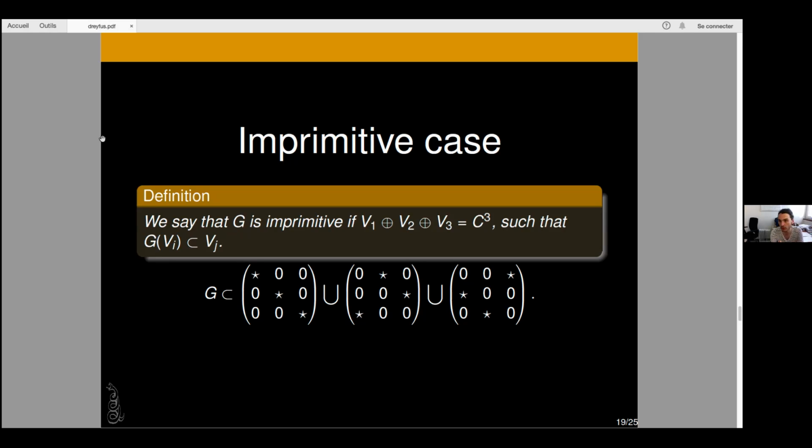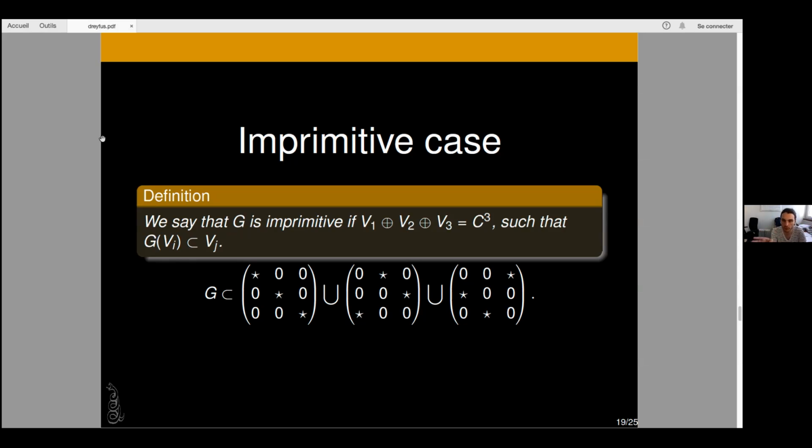Since elements of G are invertible, every VI has to be of the same dimension. And since we are considering order 3, which is prime, every VI has to be of dimension 1.